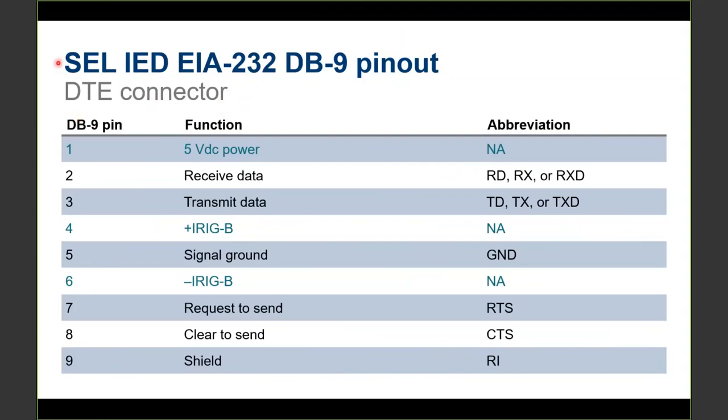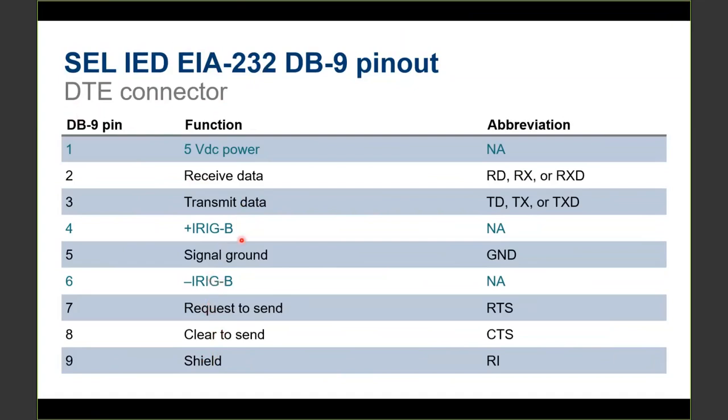But as far as the relays and RTACs and other devices like meters, they're all DTE devices. And again, the receive data, transmit data, the ground, RTS and CTS and shield, those are all still used just like the standard EIA 232.